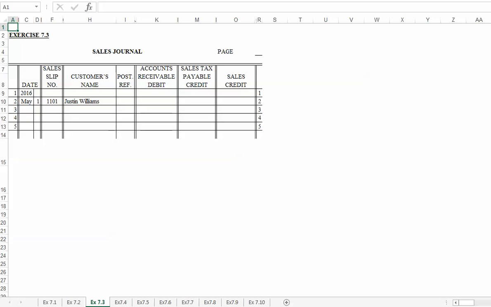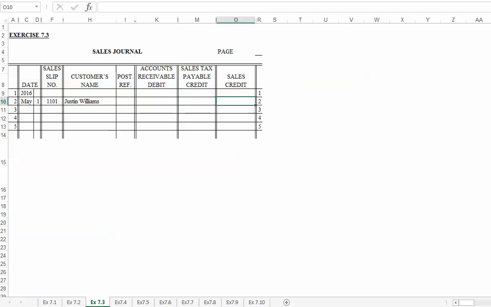As you figure out how you're going to enter this one, I like to start with what you're positive you know. So in this case, we know that the tent and other items equaled $550. It says plus sales tax. It doesn't say including sales tax. So we don't know exactly how much the accounts receivable debit is, so we're going to skip that one.